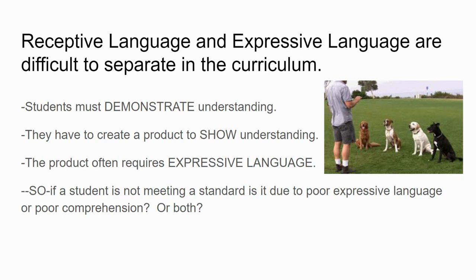So if a student's not meeting a standard, is it because they have poor expressive language, meaning they don't know how to use their words meaningfully to show you what they understand? Or do they not understand it? If they don't understand it, that has to come first. Of course, they can't use expressive language to express what they don't understand. Or is it a combination of both?